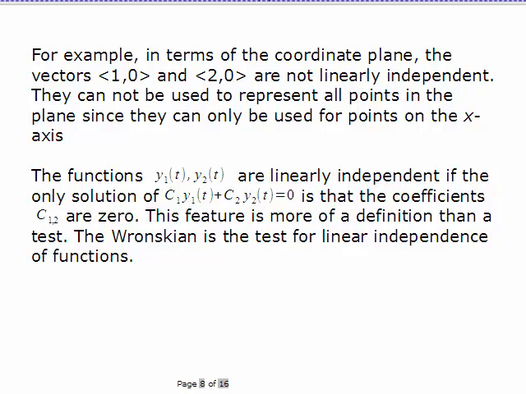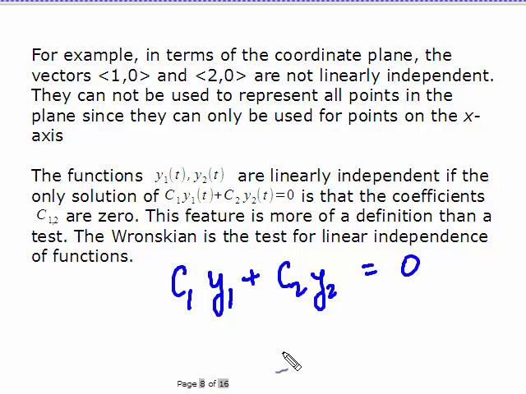So here is a statement of what it means to be linearly independent. If they're linearly independent, why can't I say that word? Then if I add C1 times y1 plus C2 times y2, it will be 0 if C1 and C2 are not necessarily 0.